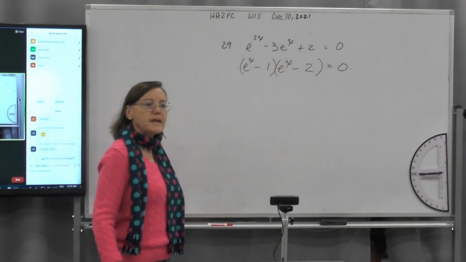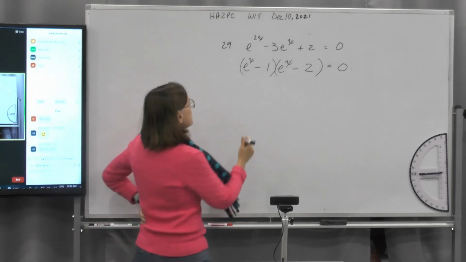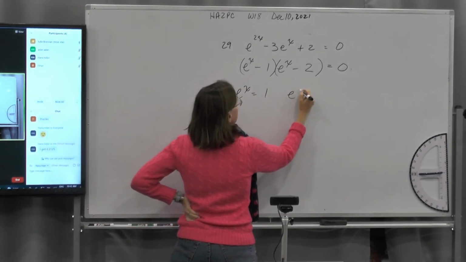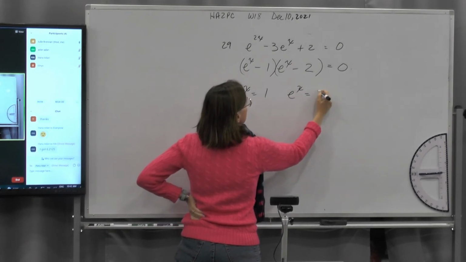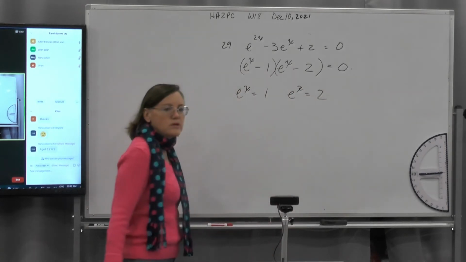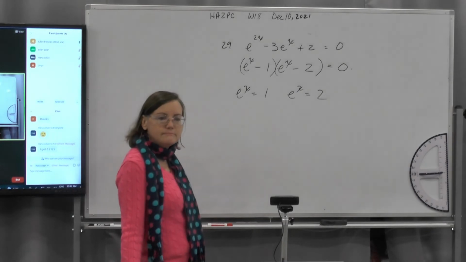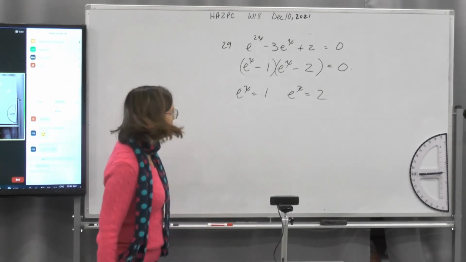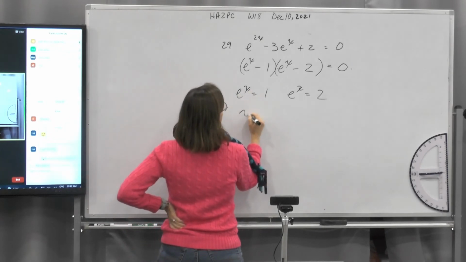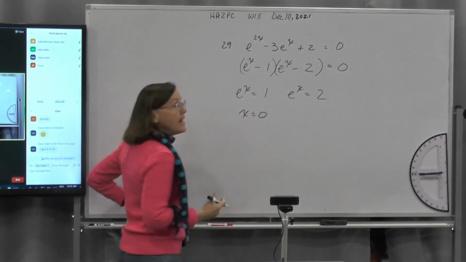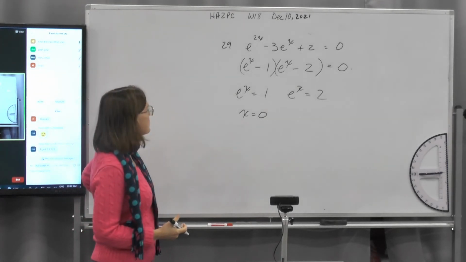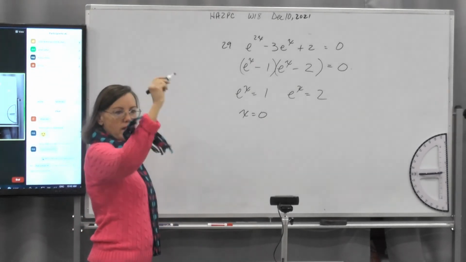So my solutions: e^x is equal to 1, or e^x is equal to 2. One of these I know right off the bat: 1. Yeah, e to the 0. So I already know that this is a 0. X can be 0. The answer can't be 0, but x can be 0, because it crosses the y-axis.